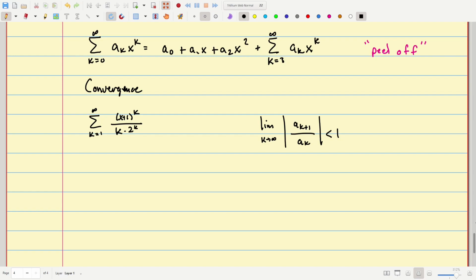Now, I want to be clear about something. Whenever this formula is written down, we tend to use a sub k, and whenever our series are written out, we tend to use a sub k to indicate the coefficients for the power series. This a sub k means the whole thing. So it is important to be mindful of that.